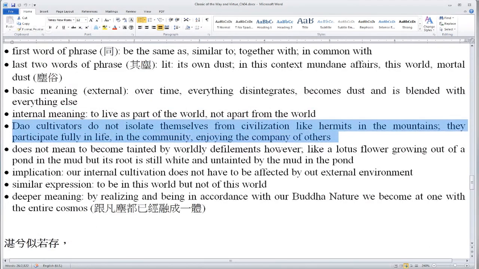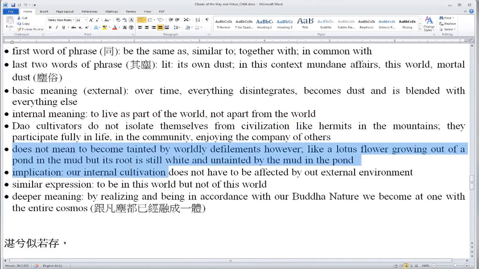Rather, we have to live amongst society and enjoy. However, this does not mean that we should be tainted. Remember, you are in the world, but not of the world.